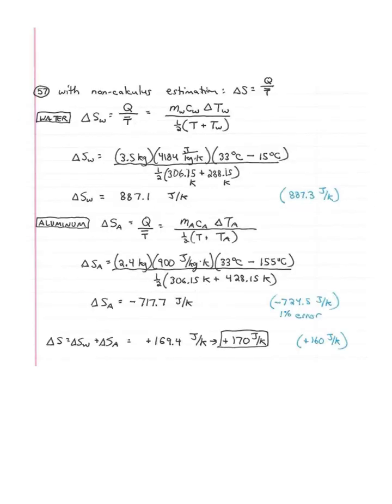Now, with number 57, it's also possible to do it the non-calculus way, using an estimate. So remember in the lecture, I said that you can use a non-calculus estimate, assuming that temperature doesn't change that much.